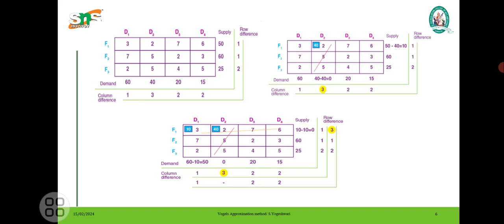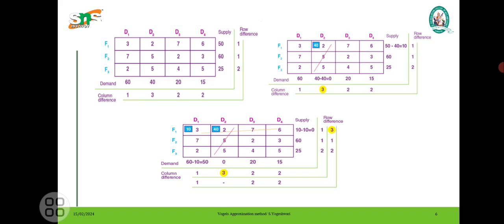To allocate, the minimum of 50 and 40 is 40, so the demand is the minimum value. We fix the value 40 in the second column, first row, at the cost 2. Then 40 minus 40 is 0, so the second column we strike out.